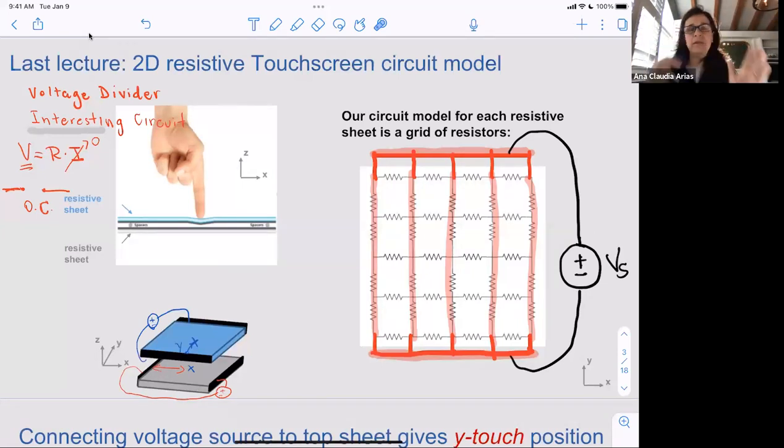So the touch only happens at this point where we make a connection between the top plate and the bottom plate. Does anybody remember how we modeled this connection? What elements did we use for this connection? When we touch, what was the element that we used? A wire. Very good.